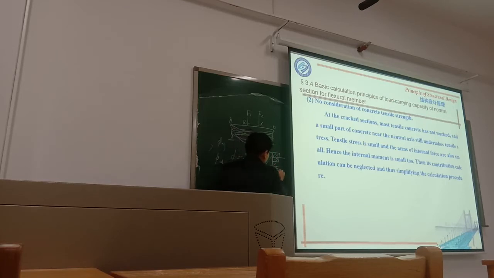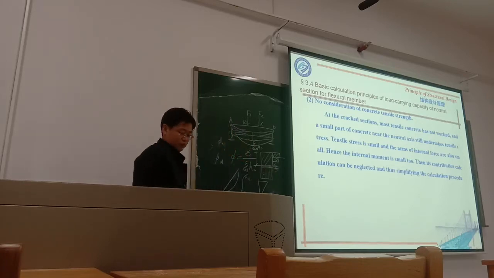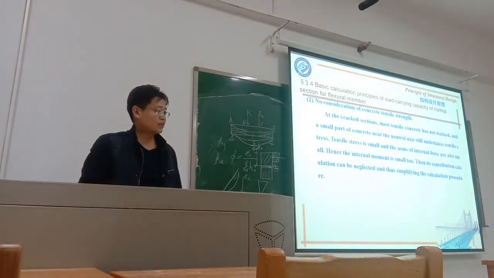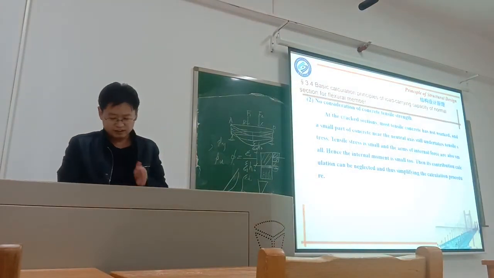Then the moment generated by this part of the force is relatively small. So we just neglect it, because even if you want to calculate this force, it's hard. It's insignificant, so we just neglect it.